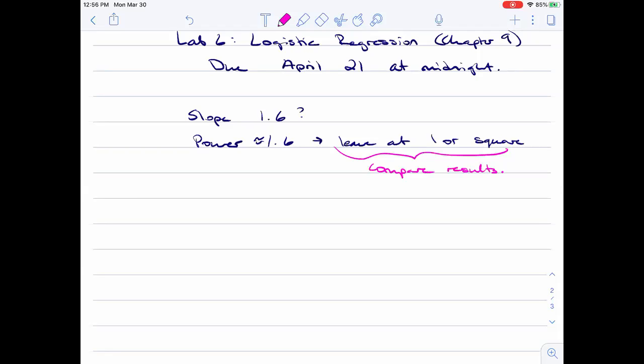It would be very confusing if you got different results, but usually you don't. And then you would argue, okay, I'm just going to leave it at 1 instead of complicating it with a square. And that was for lab 5, right? Yes. Thank you. Cool.